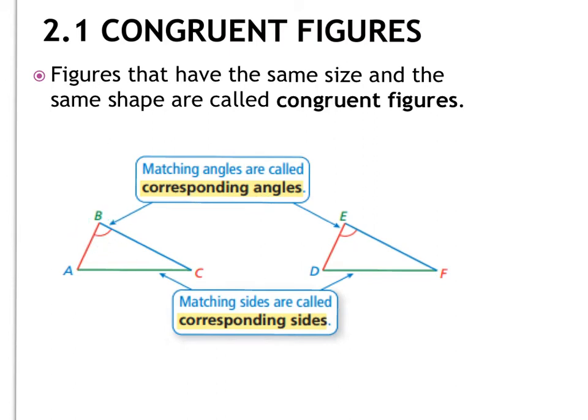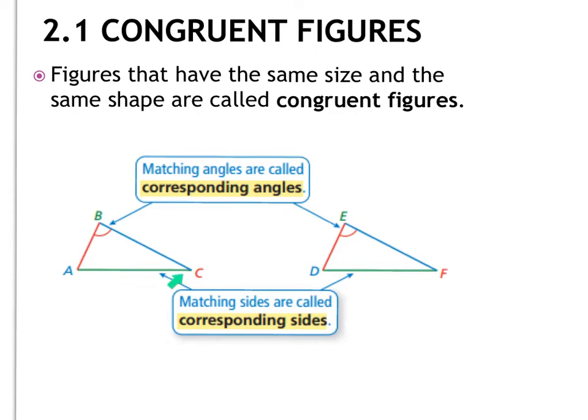Angle B corresponds with angle E, meaning it's in the same location as in the congruent triangle. B and D would not be corresponding because they're in different locations of the triangle and they are not the same size. Now we also have corresponding sides.